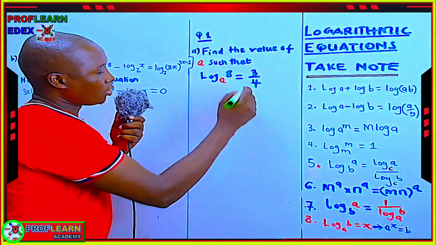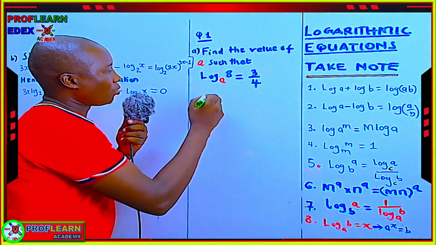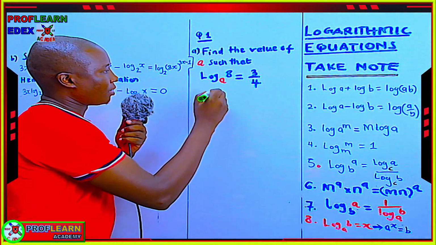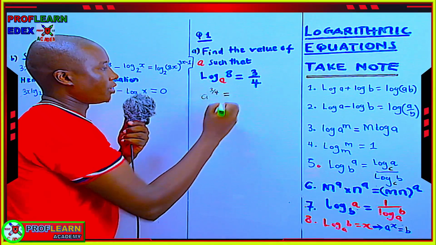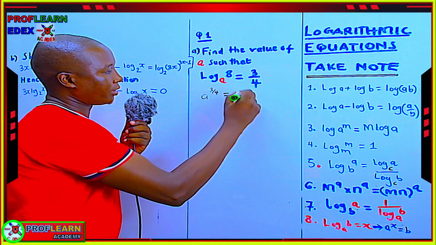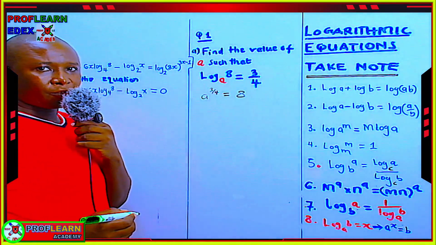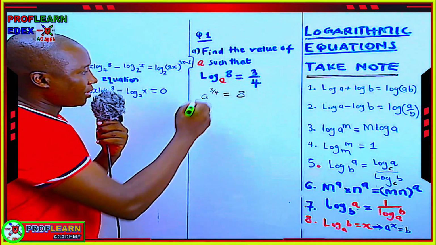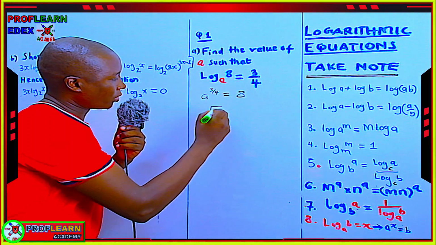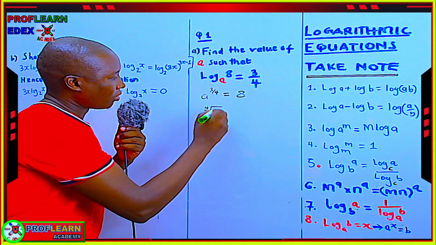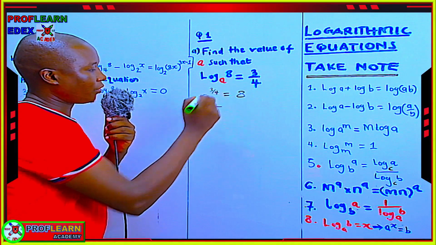So this is the rule we are using. Using rule number 8, we are going to say a raised to power 3 over 4 is equal to 8, right? And from the laws of indices, we can write this as the fourth root of a, because of this 4 here.